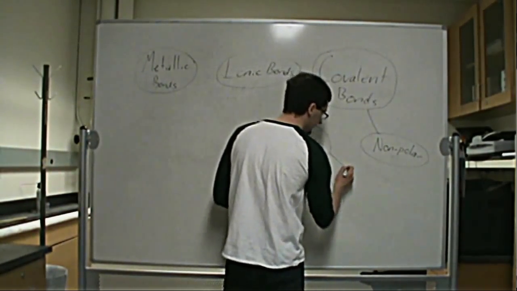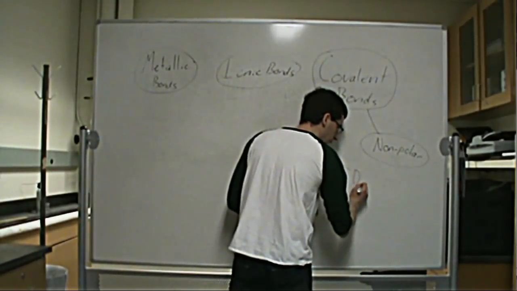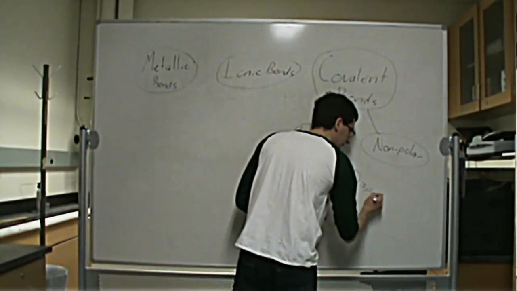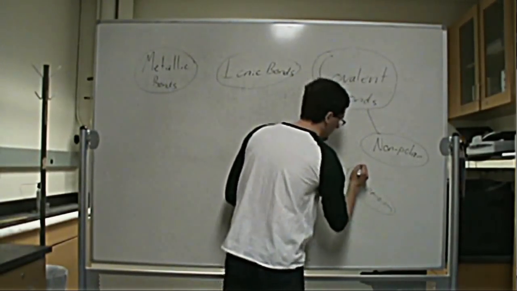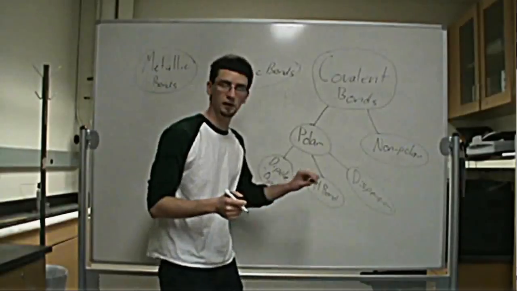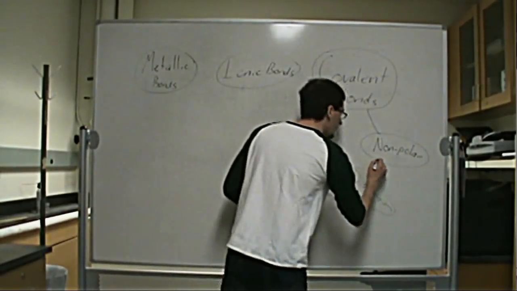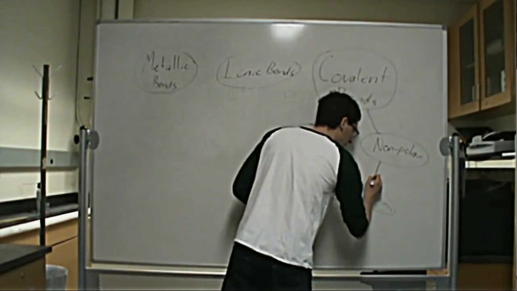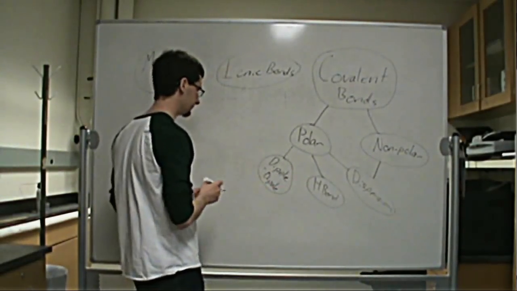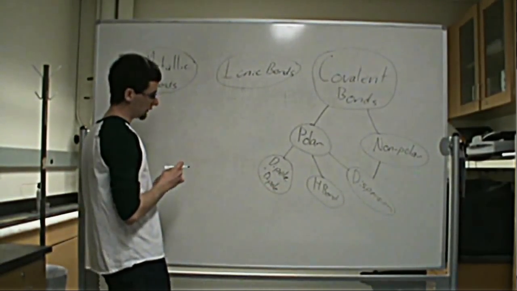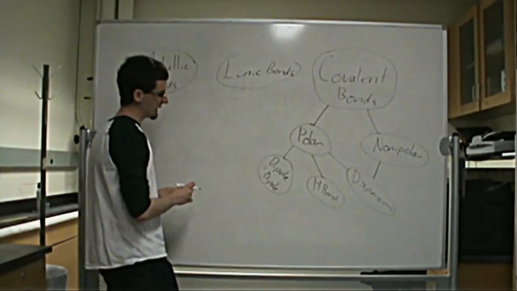And there are also London dispersion forces, or van der Waals forces. Now, nonpolar molecules can also have dispersion forces too. In fact, that's really the only intermolecular force that they encounter. Now, let's give an example of each of these.